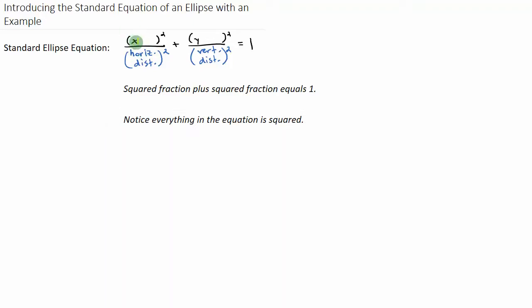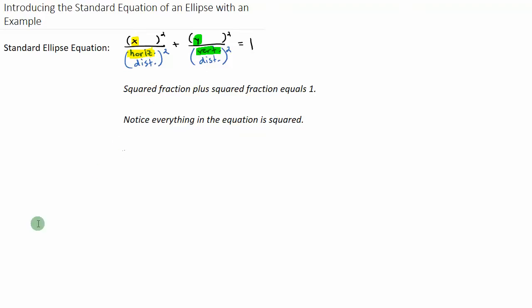Now also, when you think of x in a graph, you should think horizontal. So the number under the x fraction is the horizontal distance, and the number under the y fraction is the vertical distance. Squared, of course. Now, those two distances are also a and b.